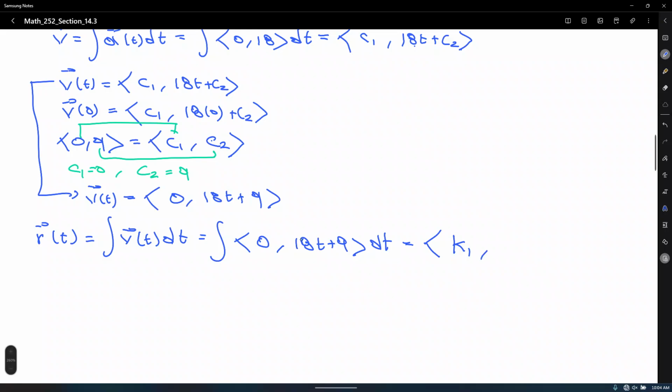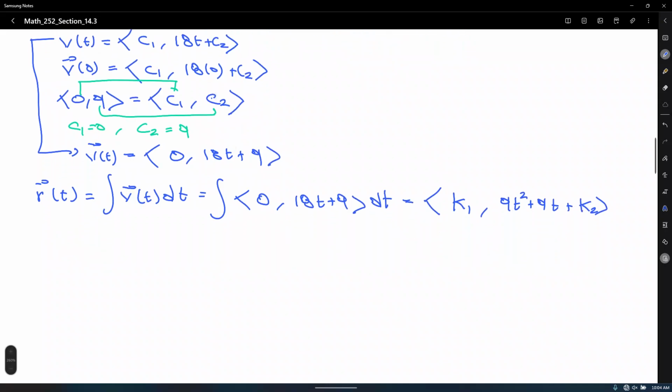And then this will be the integral of 18t, what's that? 9t squared plus 9t plus k2. Okay? So, r of 0, that is for the initial position. I'm going to evaluate, okay, this is simply k1, comma, 9 times 0 squared plus 9 times 0 plus k2.